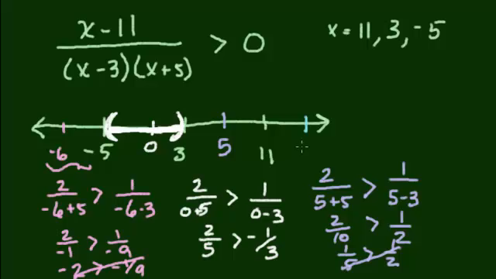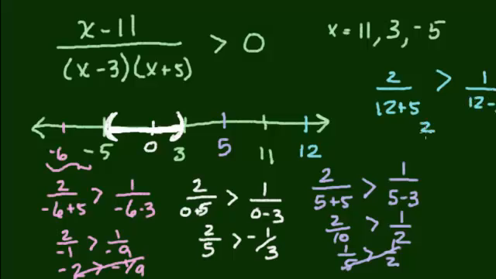So I'll choose a number over here, say a 12. So I go over to my original equation and I will say 2 over 12 plus 5. Is that greater than 1 over 12 minus 3?